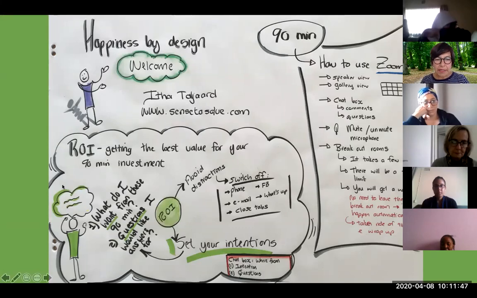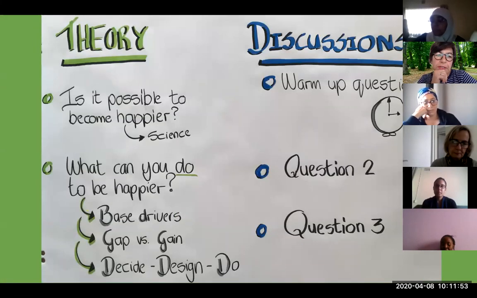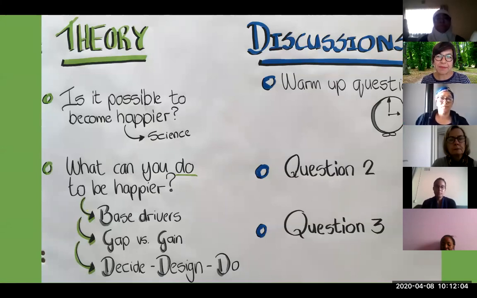Okay, so I'm going to start while you are still busy writing some answers. The first thing here is actually the question about, is it possible to be happier? In terms of the structure of the session, I'm going to have 2 sections. The first one is just around the science of, is it possible to be happier?